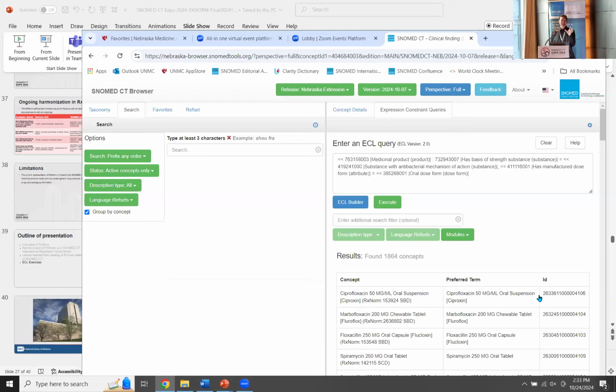And some are in RxNorm but not in SNOMED, and some vice versa. So there can be some minor differences. Stefan, you have a very good point here. The underlying data is not 100% aligned at the ingredient level, particularly because the BOS is not always the same as the active ingredient in the two systems.